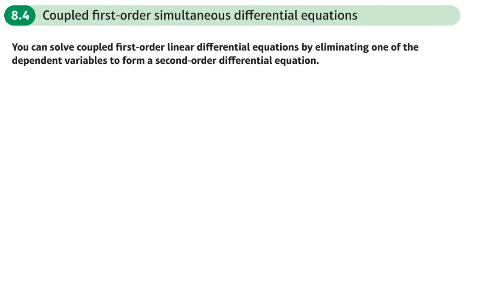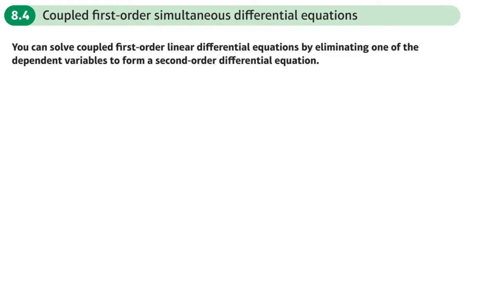This is the fourth and final section of the modelling with differential equations chapter, and here we're going to be looking at coupled first order simultaneous differential equations. What a mouthful. Anyway, what this is about is where we have two differential equations which interact with each other.